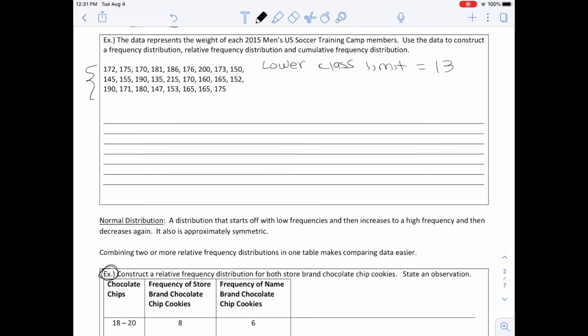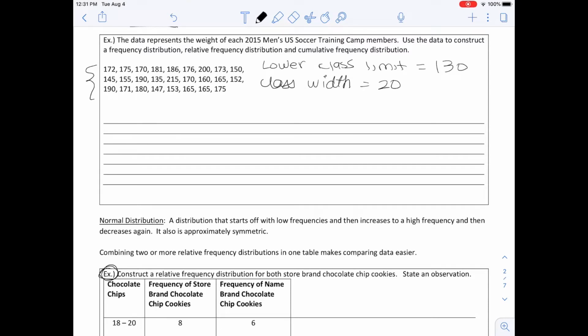If you look at your data over here, you'll notice that there is no one under that weight. And our class width, again this is just given to you, you can use something different, but to make sure that we all do it the same, it's going to be 20 pounds.